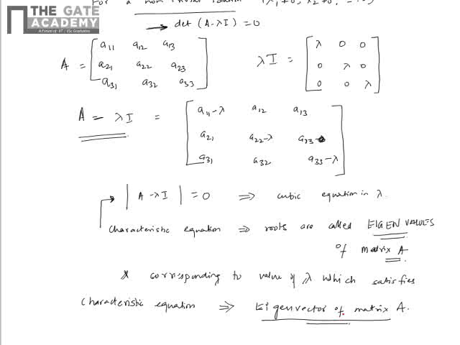So now one important thing here is that if A happens to be a square matrix, the point to be noted is that for every value of lambda, that is, for every eigenvalue, when you solve for x, it gives the eigenvectors.